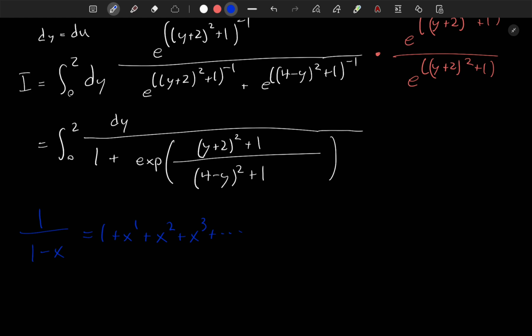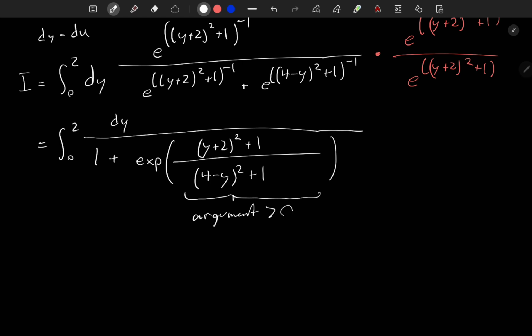The issue is we need a quantity that is less than 1 always. And that means we need the quantity to be negative. The issue is that the argument of the exponential right there is always positive.